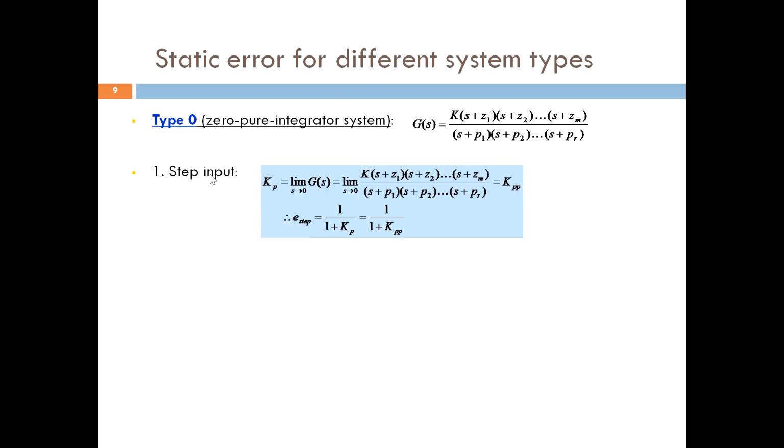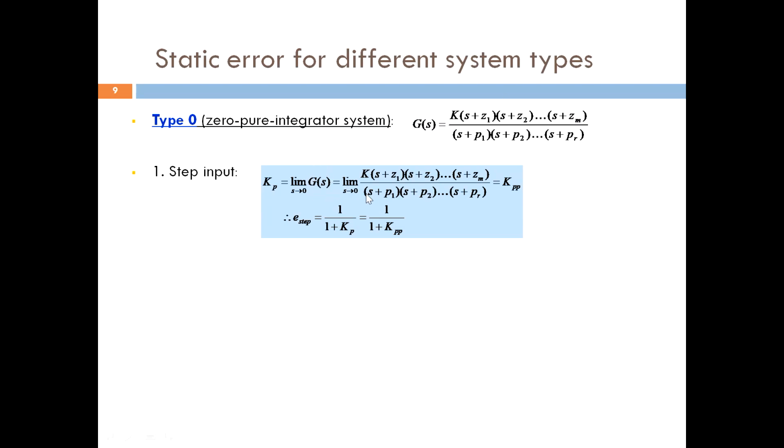Okay, so let's look at the step input. A step input, if you remember, has this expression for the position error constant. So all that we do here is, now that a g of s has been specified, we can take that g of s and plug it there. We already derived the expression for the position error constant. Now it's a matter of supplying the g of s that we have been given.